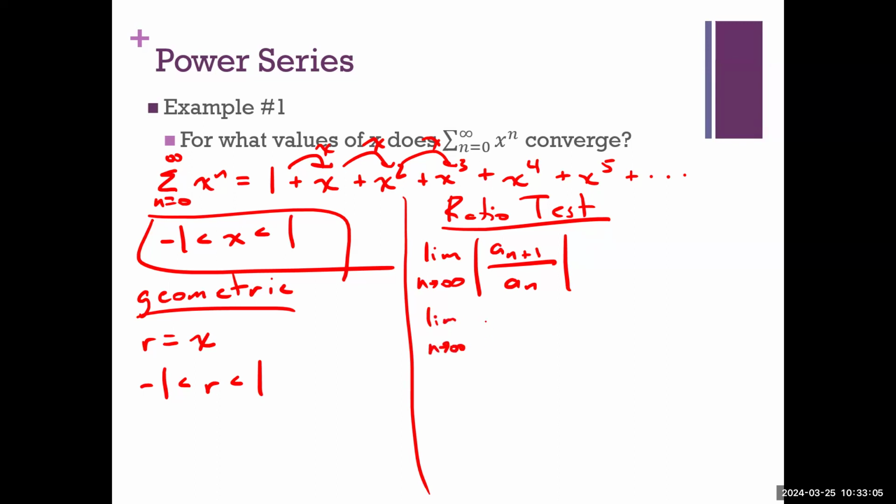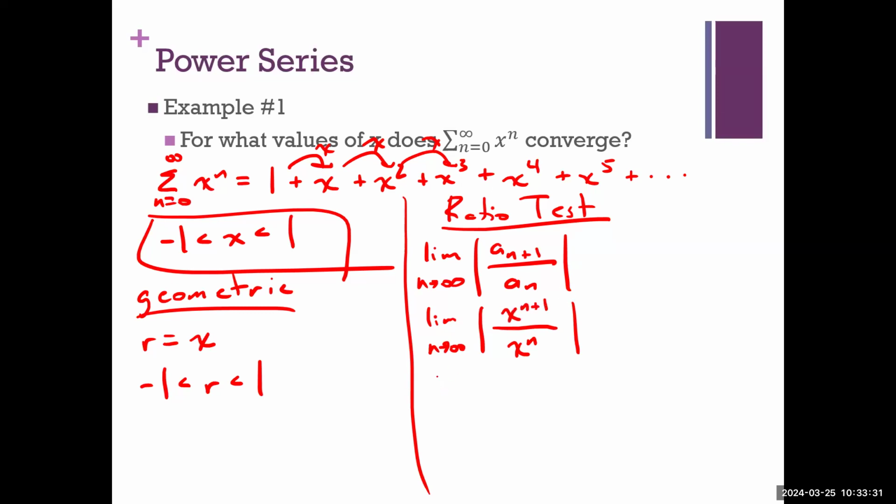What does the nth term in this sequence look like? So the nth term should be x to the n, right? What is the n plus 1th term? x to the n plus 1.